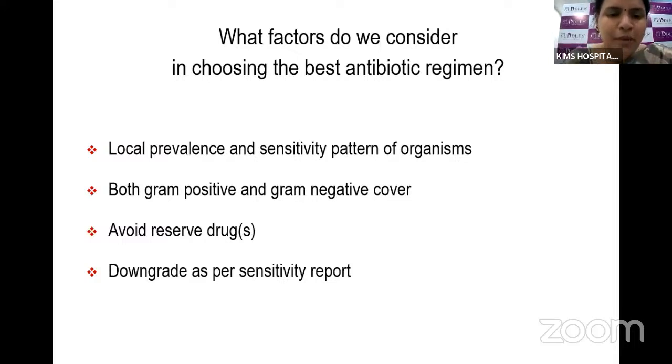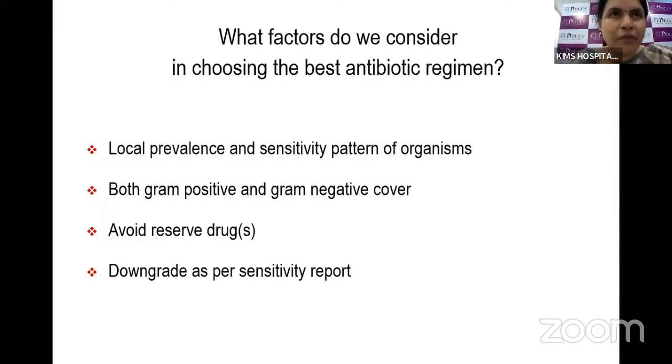The coverage in newborn babies particularly should include both gram-positive and gram-negative cover. We will discuss why this is important. Very important is to avoid reserve antimicrobials straight away, at least as empirical coverage. When we are still awaiting microbiological results, it is always good to avoid the reserve antimicrobials and try to downgrade as per the sensitivity report.